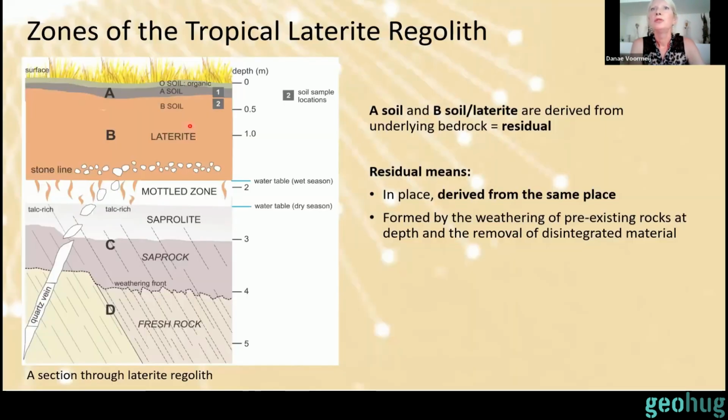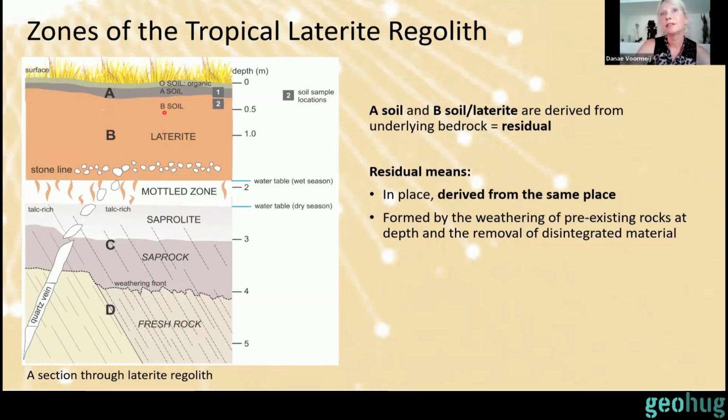Moving on to the individual zones of the tropical laterite regolith now. And let's look at the term residual. Residual means in place and derived from the same place. That means that these soils are derived for the most part from the underlying bedrock.